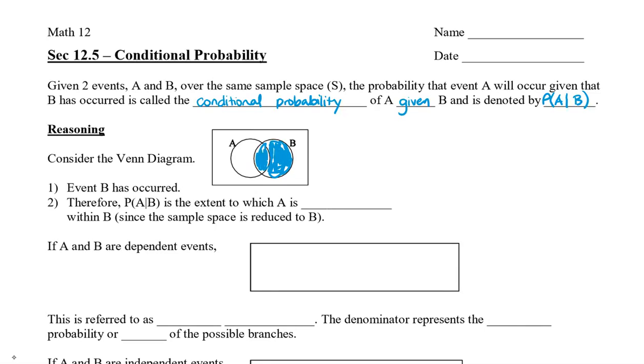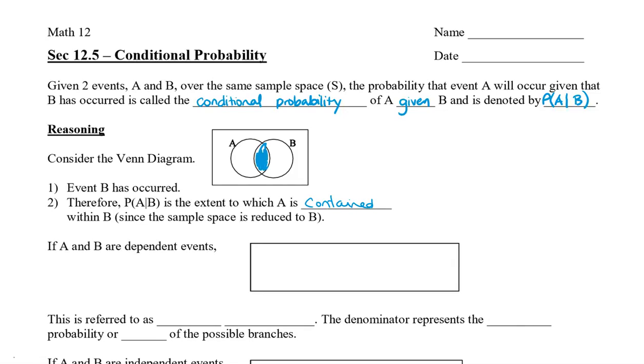Then therefore, the probability of A given B means the extent to which A is contained within B, since the sample space is now reduced to B. So I'm going to erase this middle part, because we have only event B, and then the probability of A, given that B occurred, is only this overlapping part.